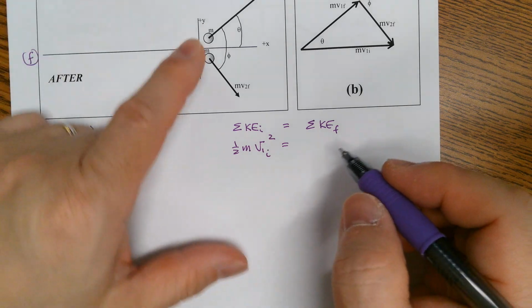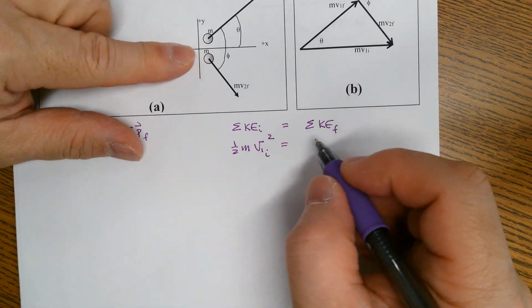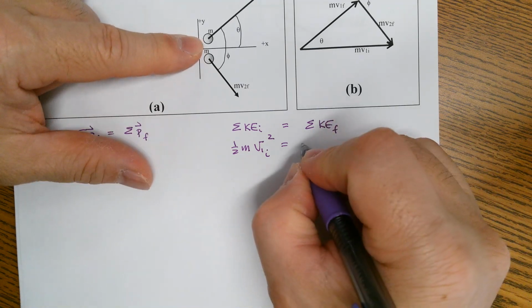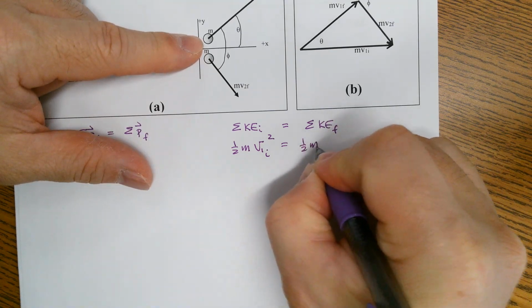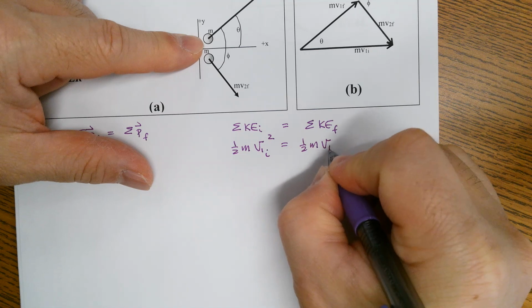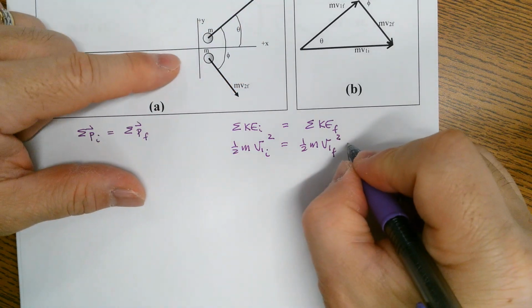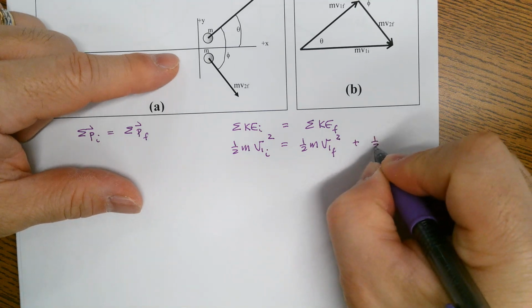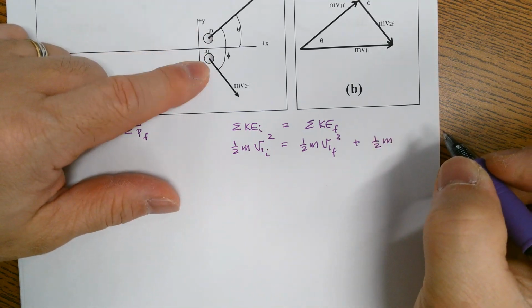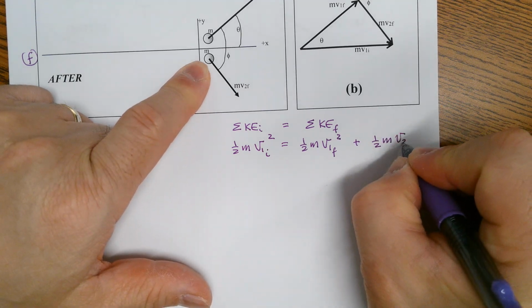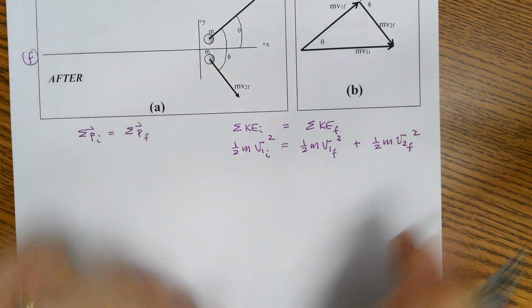Then the final kinetic energy for both of these is equal to 1/2 m times v1 final squared, plus 1/2 times the same mass, identical balls, times v2 final squared.